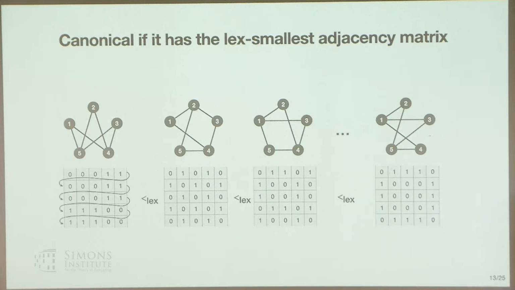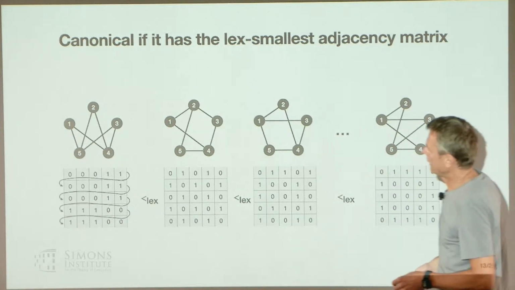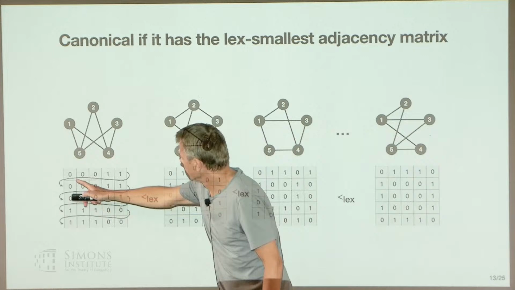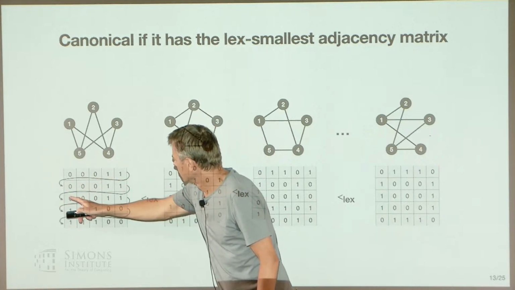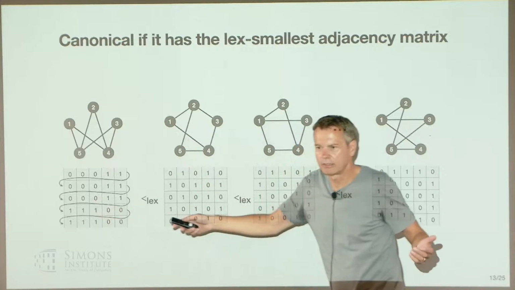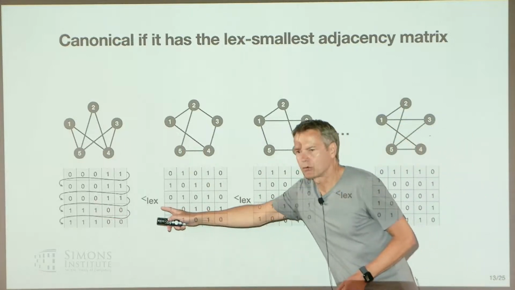There are different ways of defining canonicity. A very popular one, and in our context very useful, is to look at the adjacency matrix, concatenate all the rows into a long vector, and then take the lexicographic ordering.